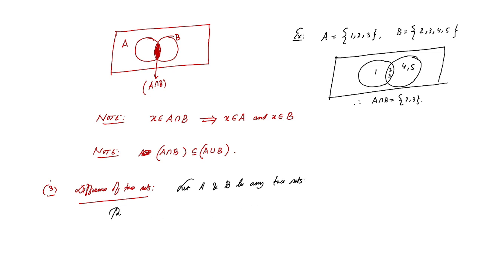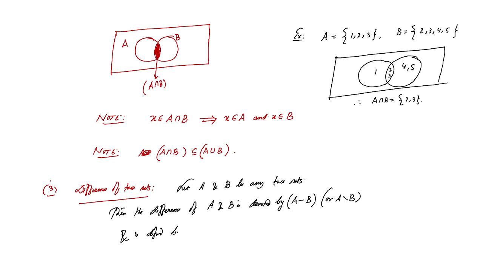The difference of A and B is denoted by A minus B, or you can write it in set theoretic notation like this, and is defined by A minus B equals all those x such that x belongs to A but x does not belong to B. This is the symbol of "does not".